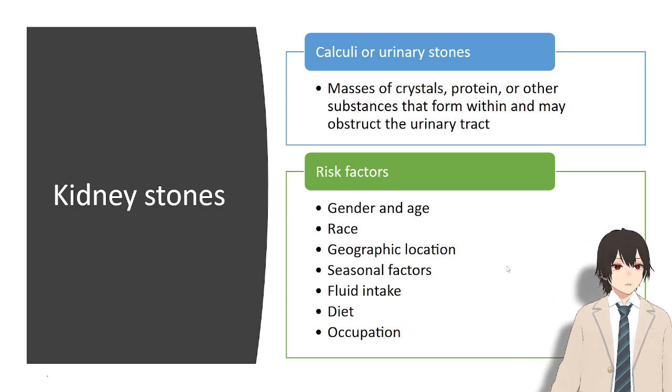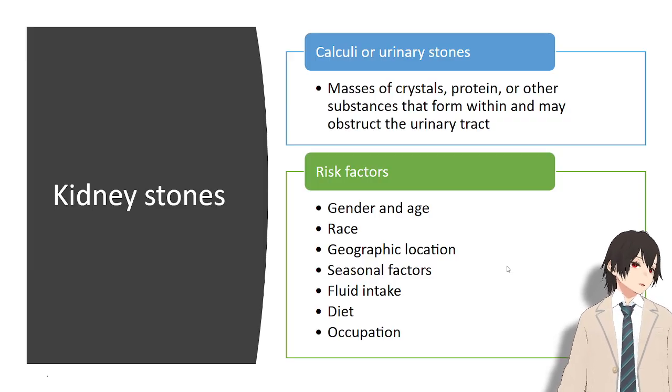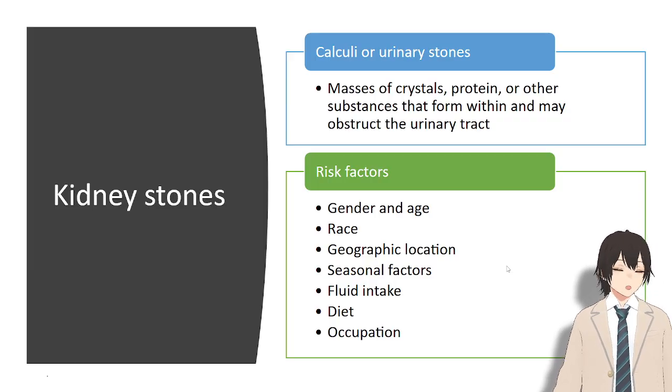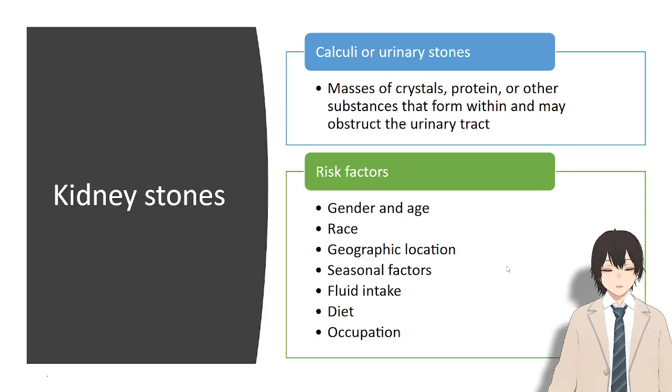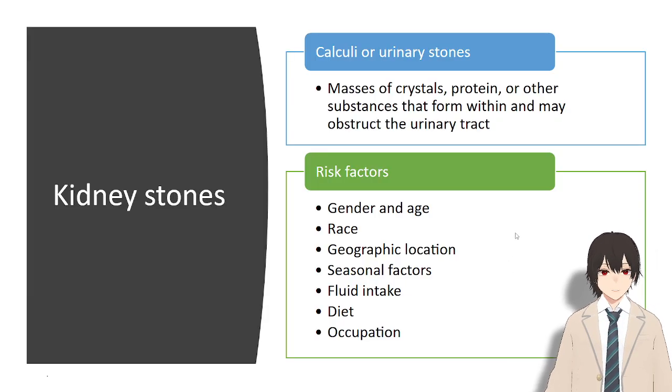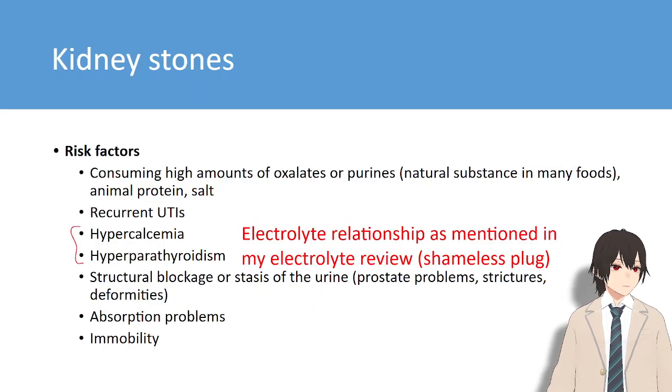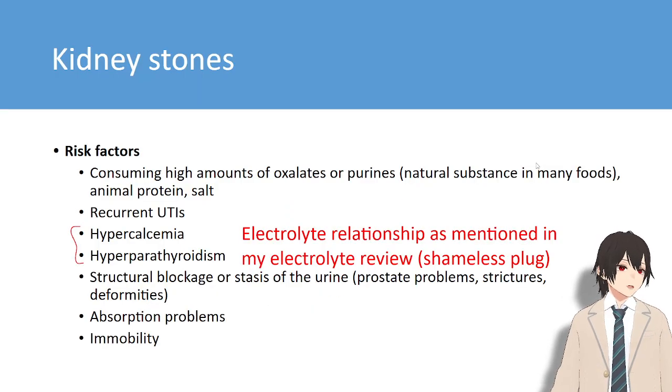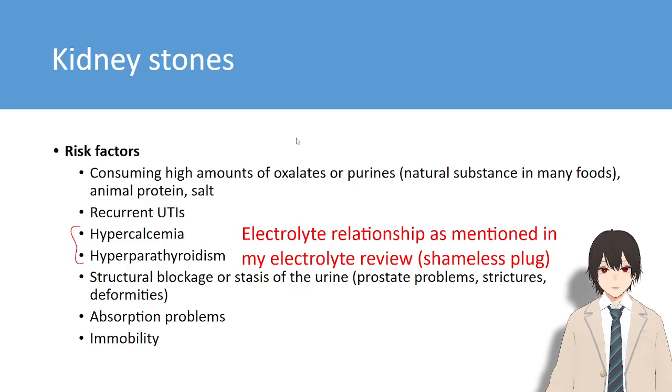Okay, some risk factors. Obviously, age, gender, race, what you eat, occupation. These are some common ones. So for kidney stones, the risk factors: consuming high amounts of oxalate or purines.